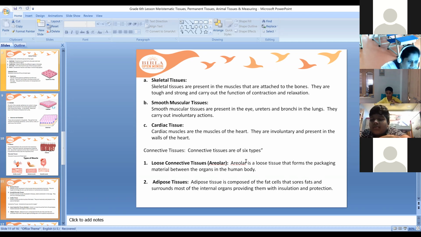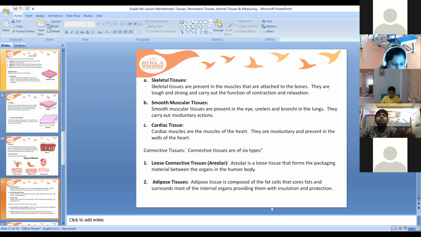Areolar tissues are there. They act like packing material. They support the organs in order to prevent any jerks or harm. For example, if you are driving a car and are prone to an accident, what happens near the driver's seat?